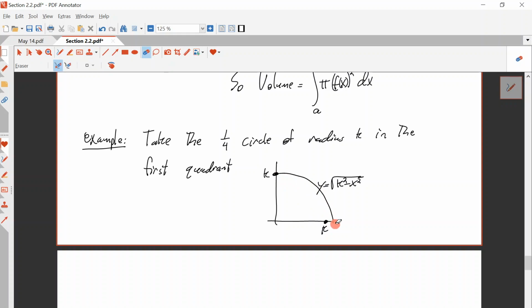This doesn't look like a circle, does it? There we go. That looks a little better.